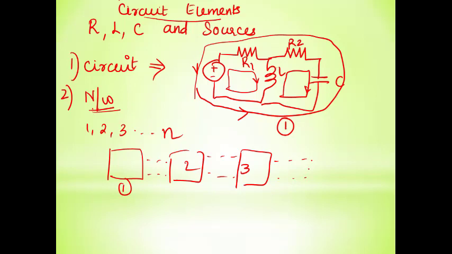That is the difference between a circuit and a network. One such example of a network is the transmission and distribution network that runs across the street for delivering us the power.